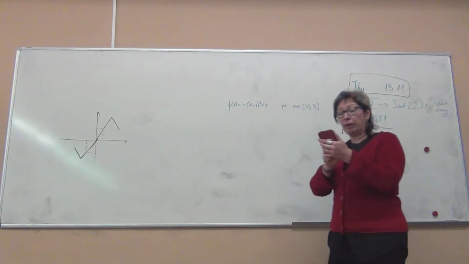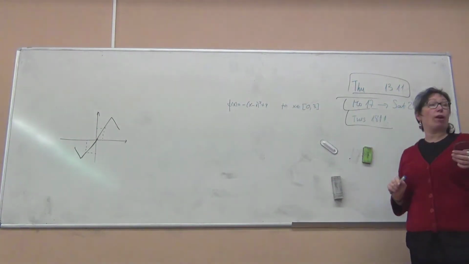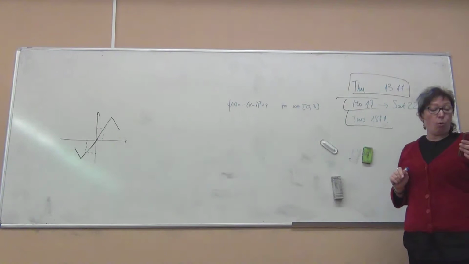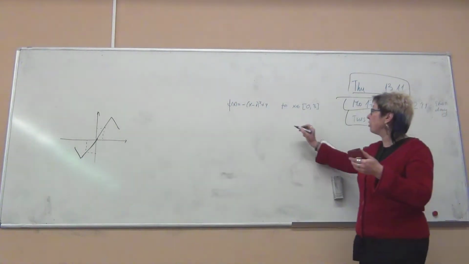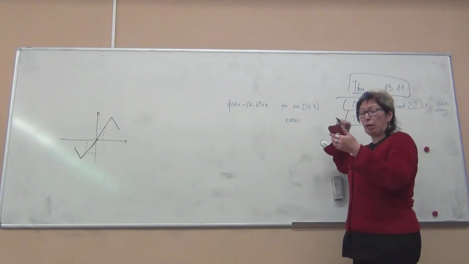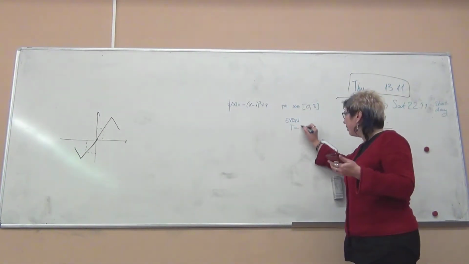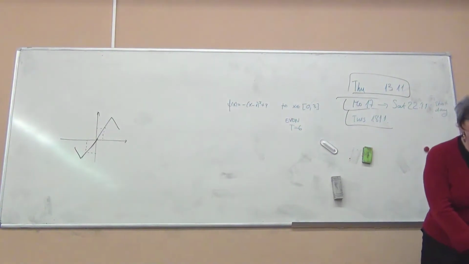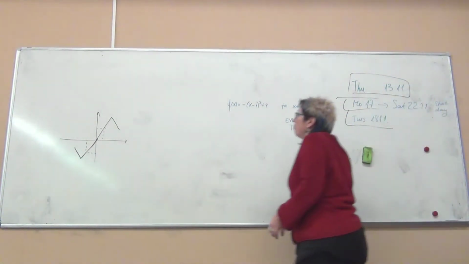That's one fragment of the graph that is given. Now, we also know that the function is actually even, and we know that it's periodic with period equal to 6. So how do we sketch a graph of this function?